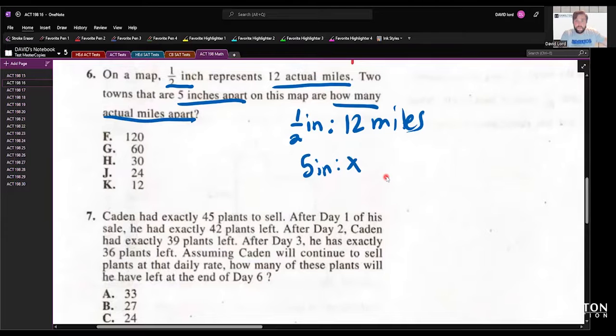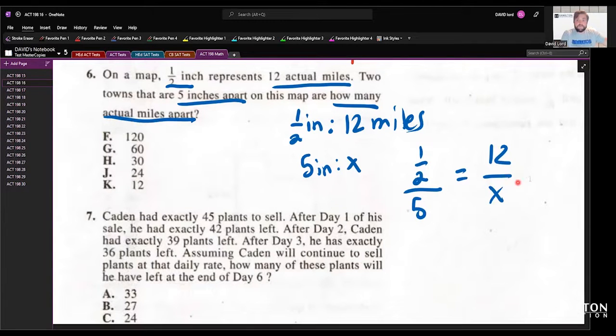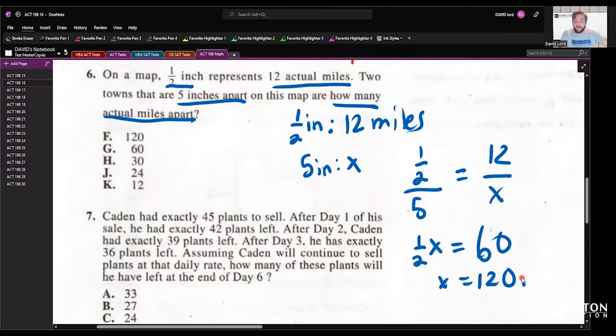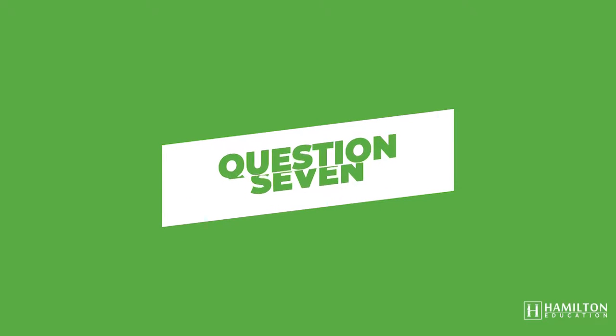So the best way to go about this is using a proportion. 1/2 over 5 is equal to 12 over X. We're going to cross multiply it and get 1/2 X is equal to 60, and X is equal to 120 miles. Answer is F.